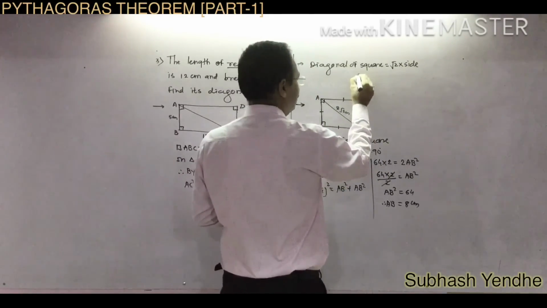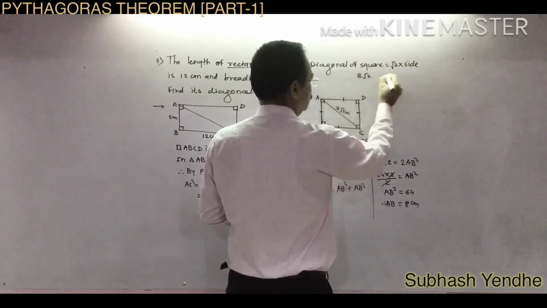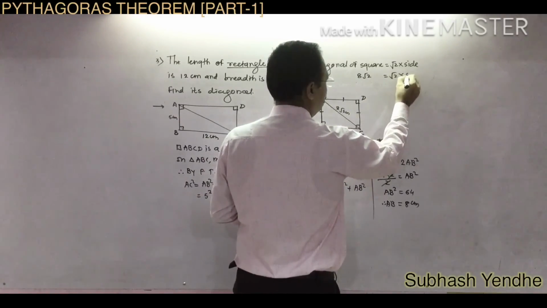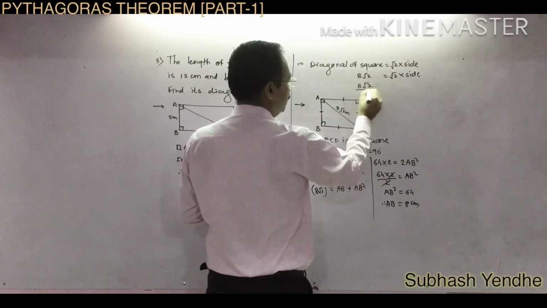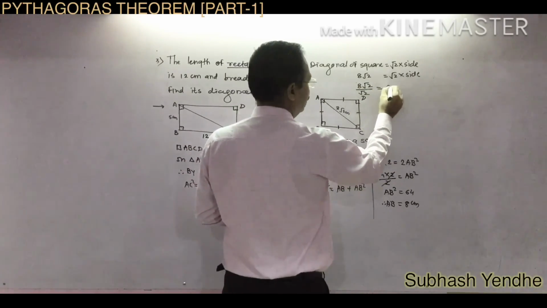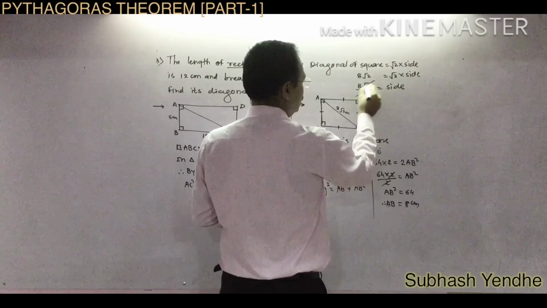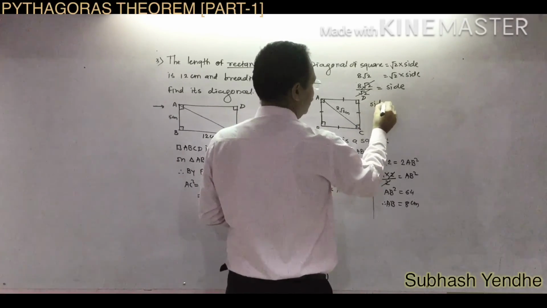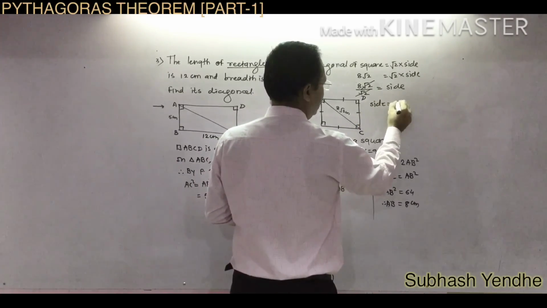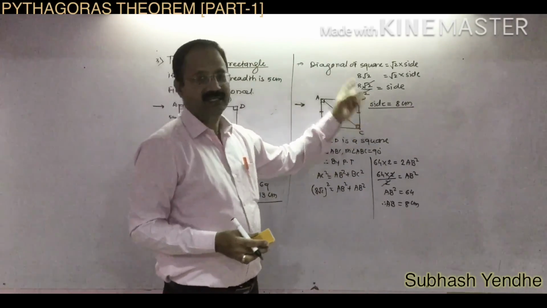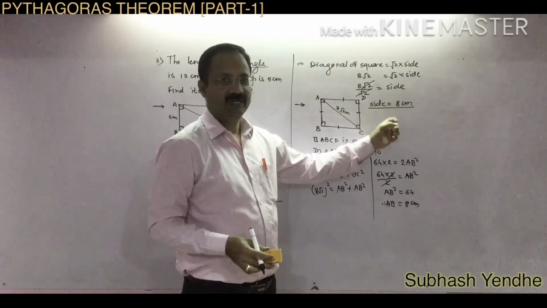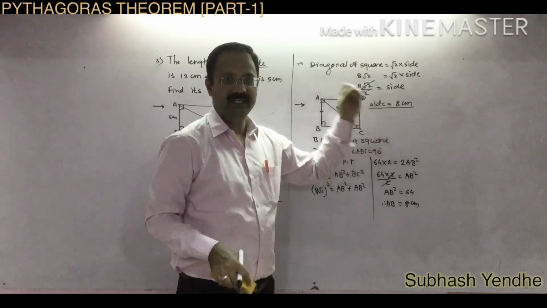The diagonal is given as 8 root 2 and it equals root 2 into side. So root 2 will come on this side. So 8 root 2 divided by root 2, you will get the side. And therefore root 2 will be cancelled. So you get the side equals 8 centimeter. Therefore you can write it directly: the side of the square equals 8 centimeter.